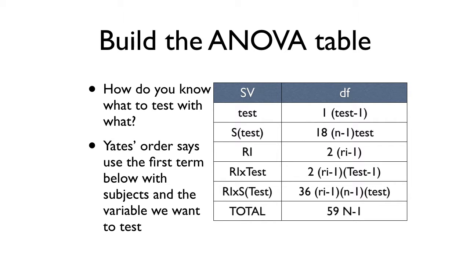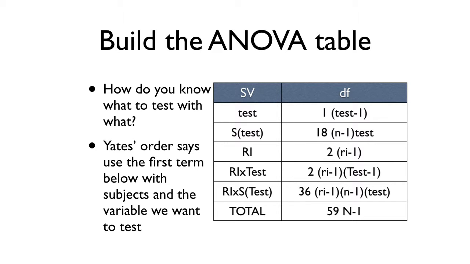Then we work out the degrees of freedom for each of these. So, there's two kinds of tests. Minus 1, we have 1. We have 18 degrees of freedom for subjects within test. How did I get that? Well, there's little n minus 1 subjects per group. So 10 minus 1 is 9 times 2 kinds of tests. 18. Okay?